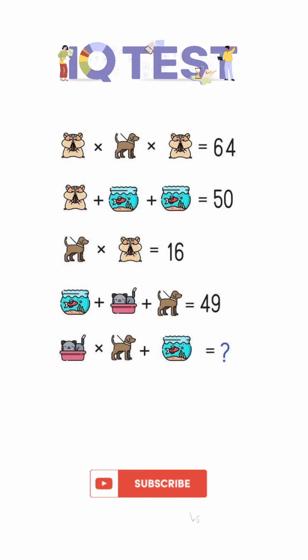The hamster is 4. Okay. The dog is 4. Okay. I agree. The hamster and the dog are 4 each.